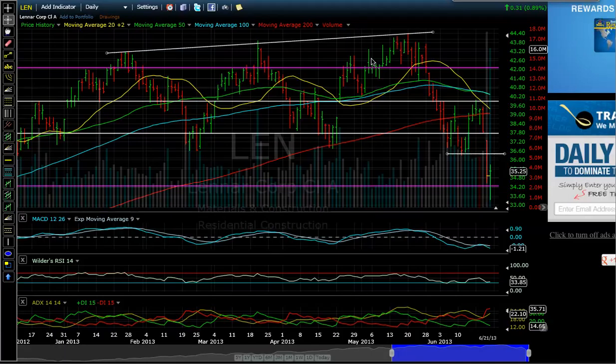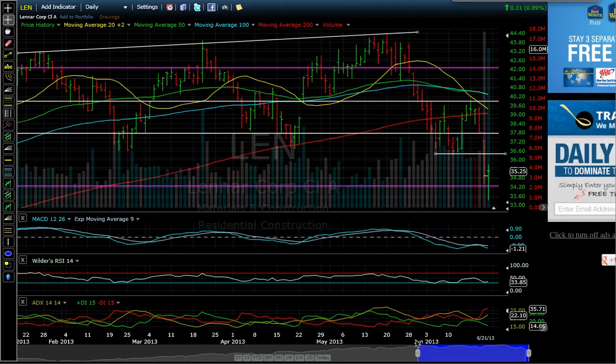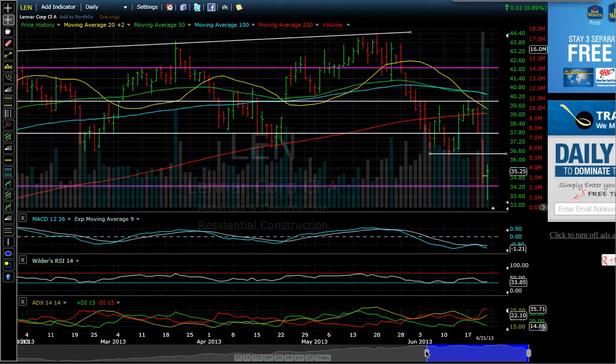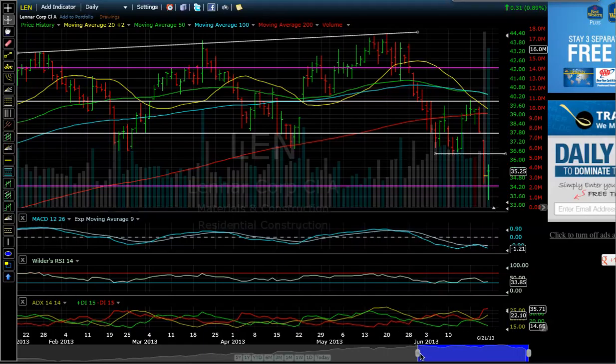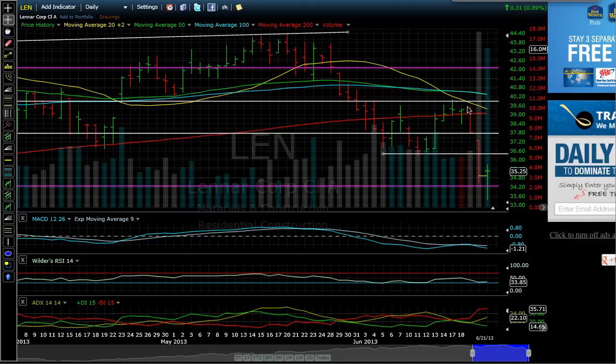But I want to show you, all right, so there's your sell-off. Lennar became victim to the sell-off for the past 3 days. It actually opened here on Friday.